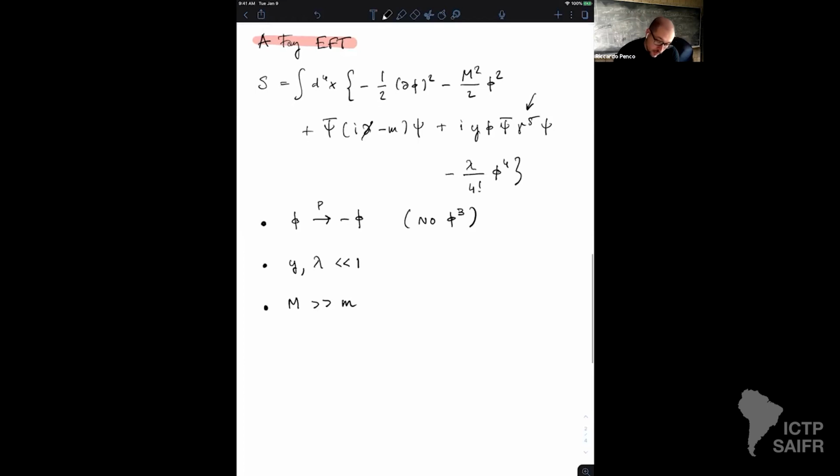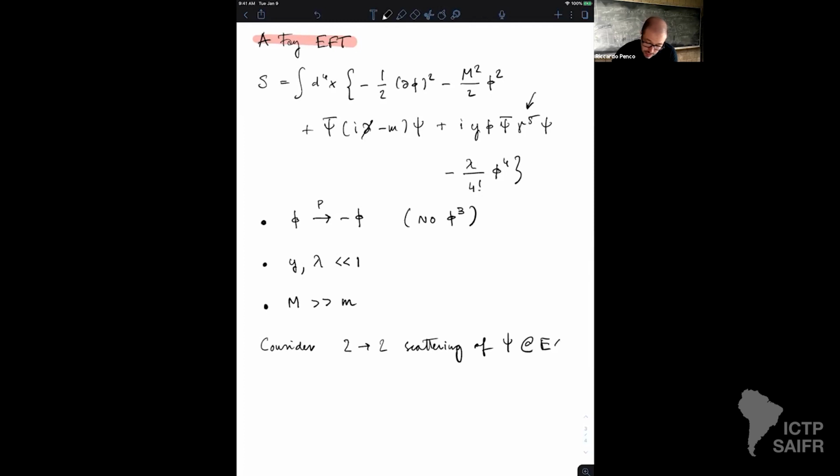And imagine now that we want to use this theory to describe, say, 2-to-2 scattering of fermions at energies that are much smaller than the mass of the scalar. Okay.